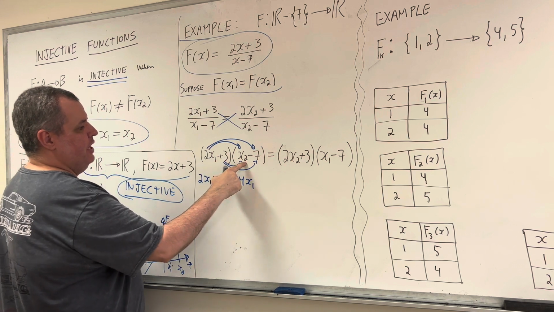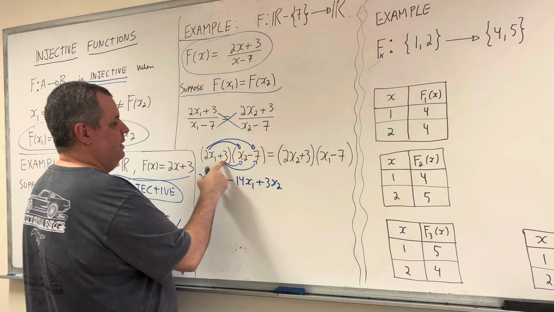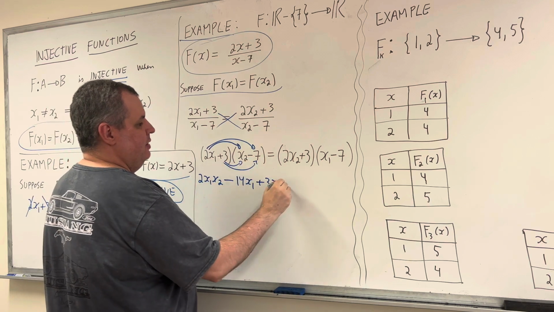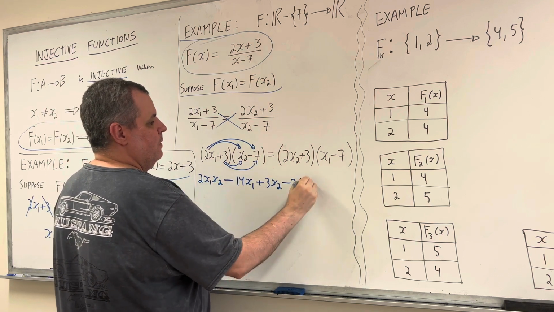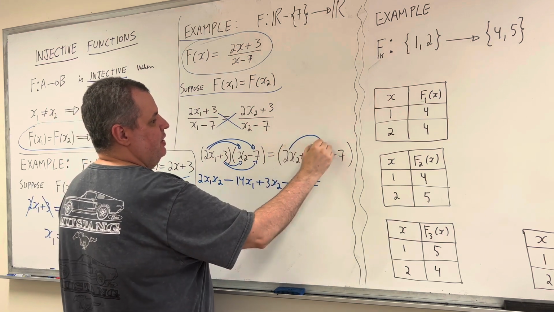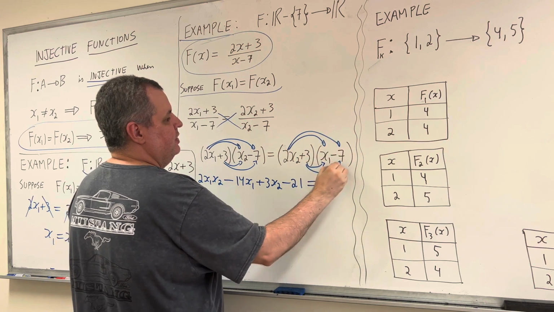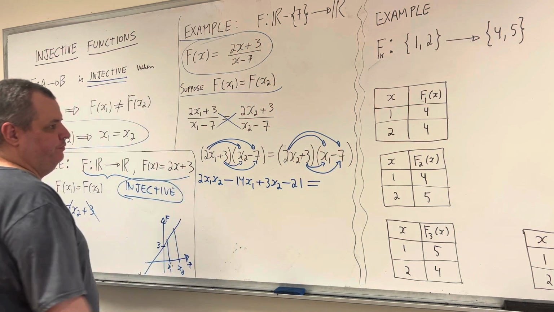Then 3 times x2, and then 3 times minus 7, and this is going to be equal to this. I will do the same thing here. This times this times that, this times this times that. I'm going to write here.